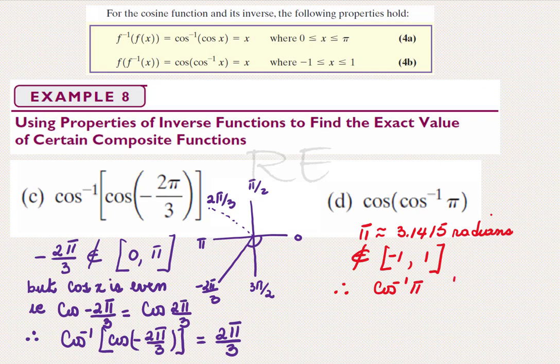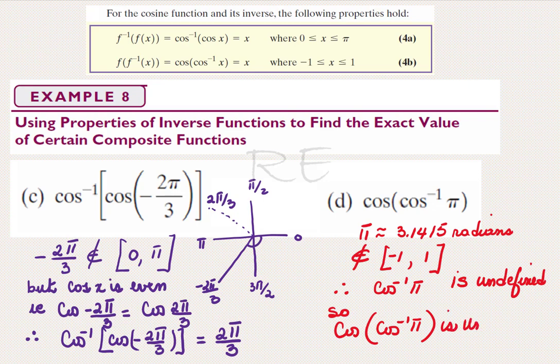Therefore, the inverse cosine of pi is undefined, has no meaning. So cosine of inverse cosine of pi, because of the inner function, is also undefined.